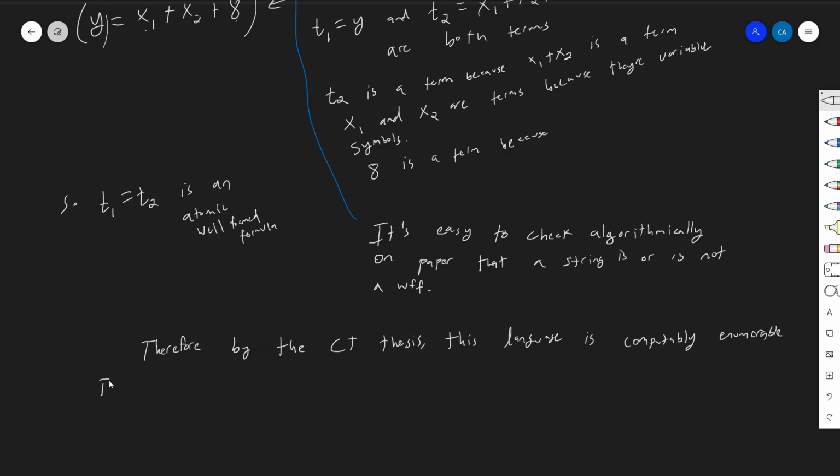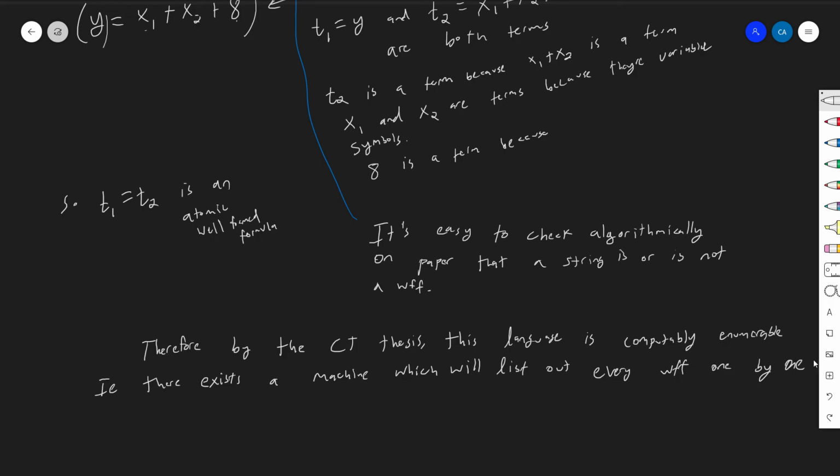So let me make this even more clear. I.e., there exists a machine which will list out every whiff, one by one. So we can always imagine doing that.